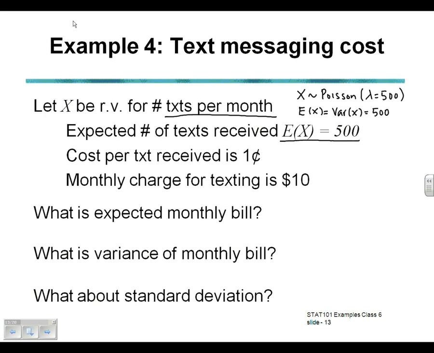So when we're looking at the monthly charge for texting, the monthly charge will be the standing charge of $10 plus 1 cent times the number of texts that we send. So we're looking here for the expected monthly bill, the variance and standard deviation for the monthly bill.